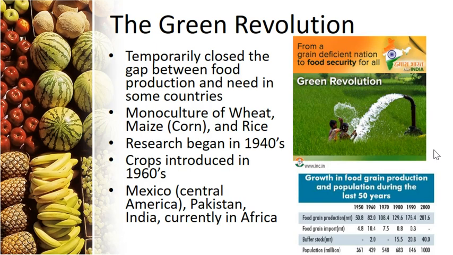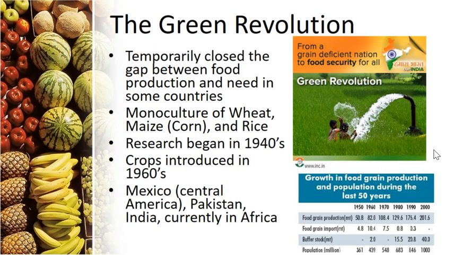And so what you see is it starts with wheat and a crop called dwarf wheat, and we also see a monoculture of corn and rice because of the inputs and these great hybrids. So wheat, corn, and rice, what you see today, are all products of the Green Revolution and the research that began in the 1940s.